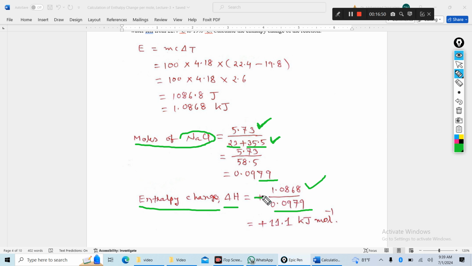This is a plus sign. Why plus sign? As the temperature falls, this is an endothermic reaction. The answer will be plus 11.1 kilojoule per mole.